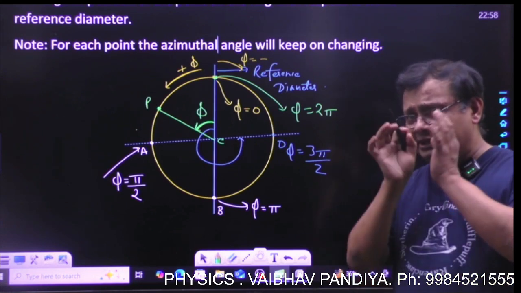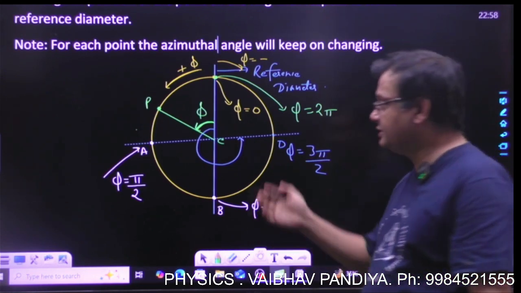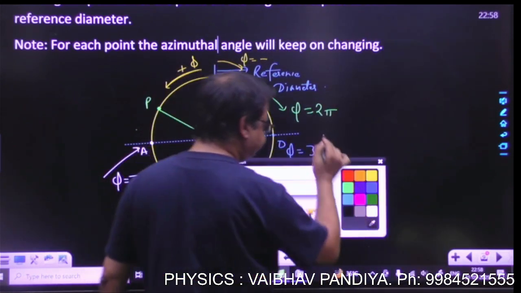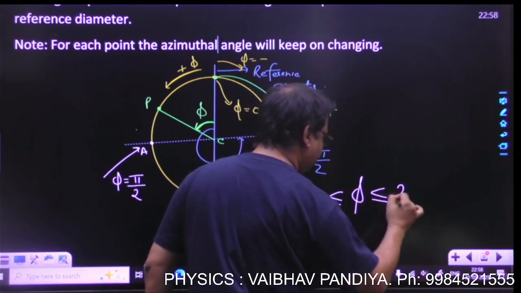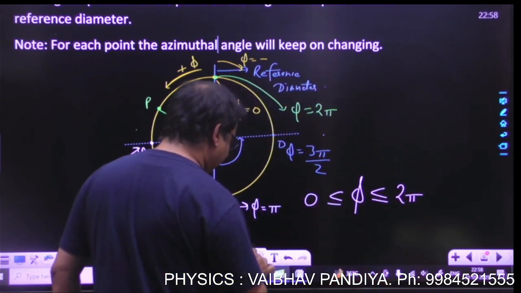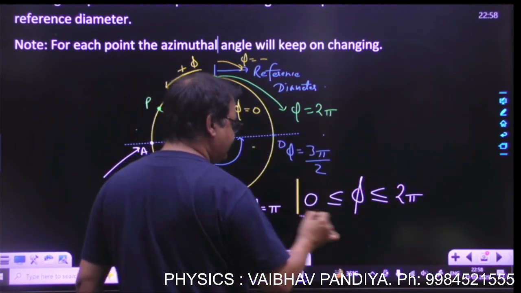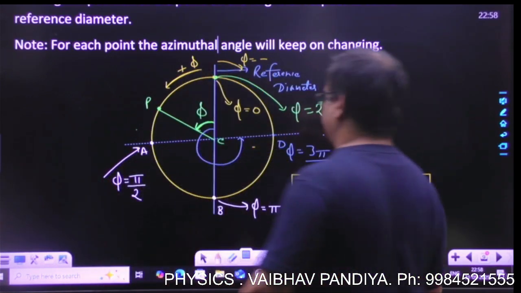For each point on the ring, the azimuthal angle is continuously changing, and its range is 0 to 2 pi. For one revolution, the azimuthal angle changes from 0 to 2 pi, correct?